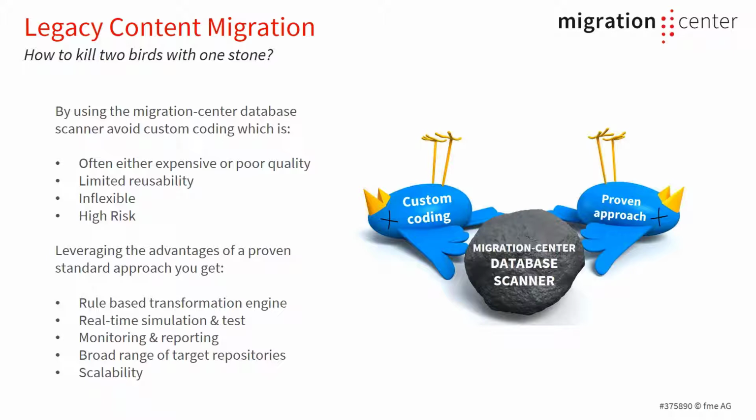It adds capabilities like the rule-based transformation engine, real-time simulation of your transformations, monitoring and reporting, so basically keeping up transparency throughout your migration, and it supports a broad range of target repositories, as well as good scalability by setting up multiple, as we call it, job servers at once. You won't get this if you do or plan a custom coding initiative for your data migration.